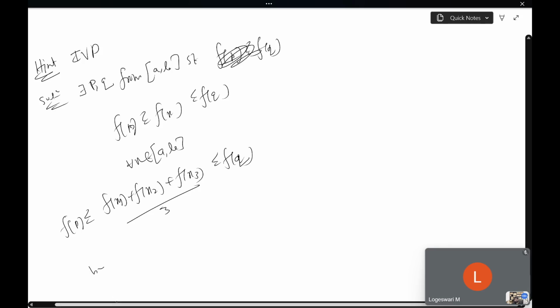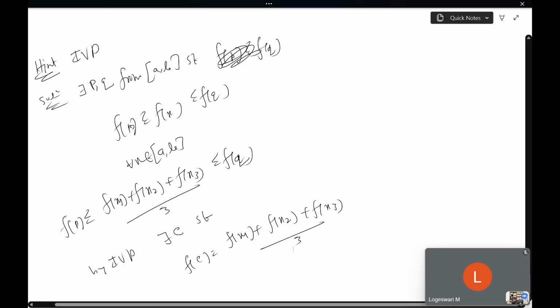So by the intermediate value property, there exists c such that f(c) equals the average.